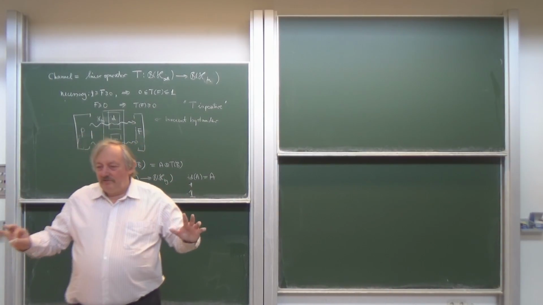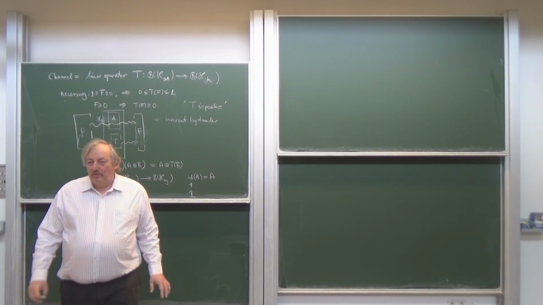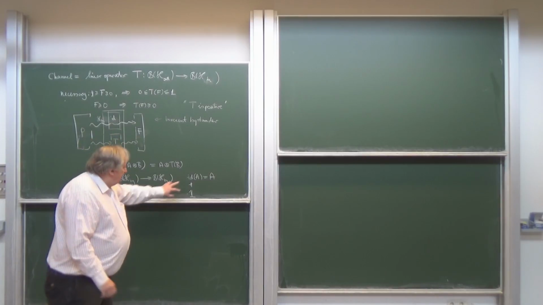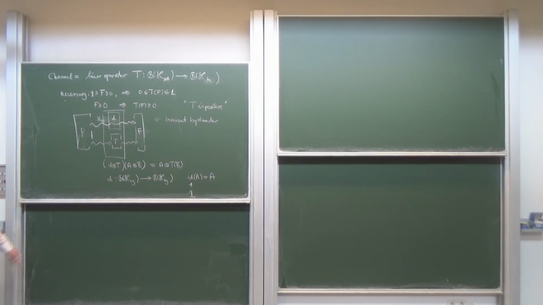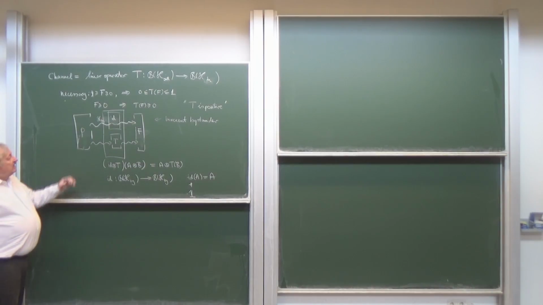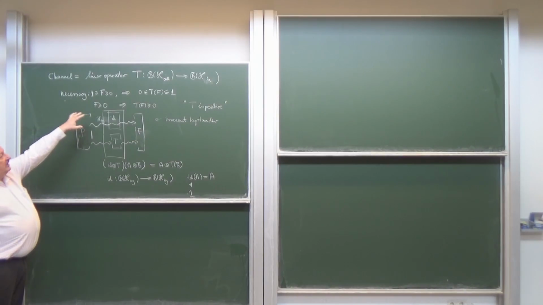I'm just telling you these trivial things so you find it easier to keep track of what I write on the board. Right? So with this distinction, I'm fairly consistent. And okay, so what we are seeing here is a necessary condition for a channel: that it has this property.